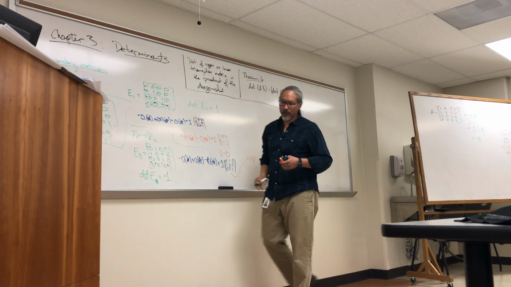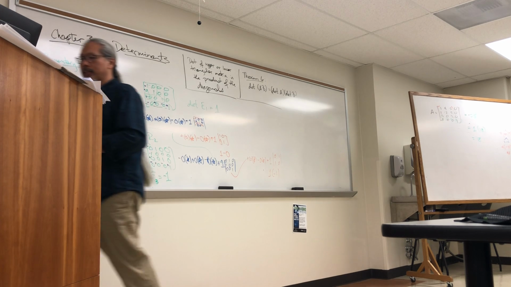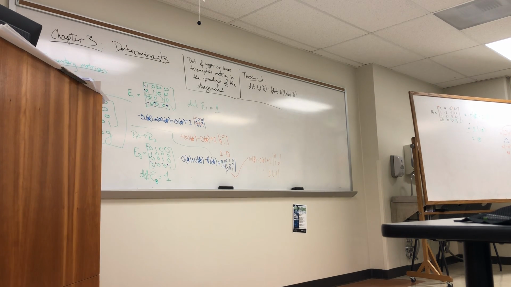It turns out that the determinant of the product is the product of the determinants, which is a really important property for us. It would help us put into perspective the stuff that we've been doing.